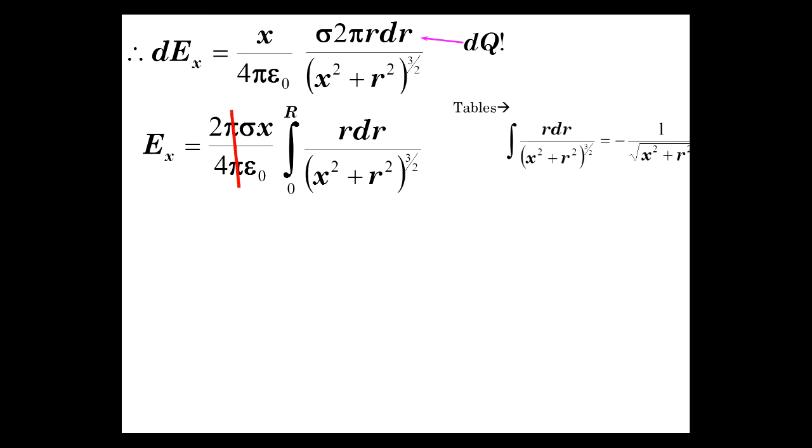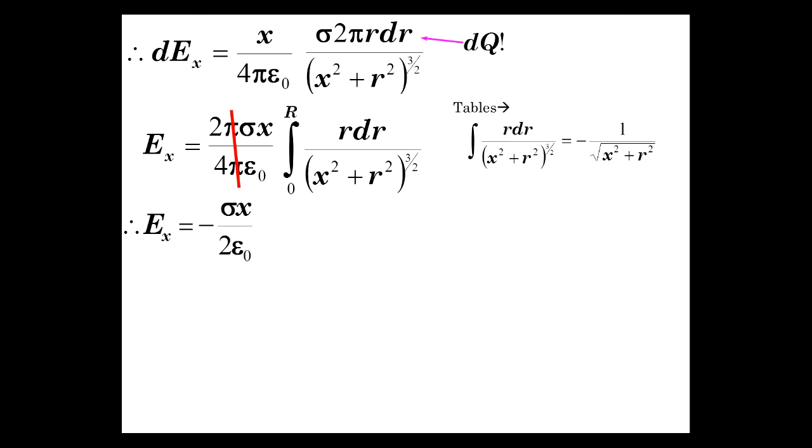From the tables, we see that this integral form takes on this result. So let's just go ahead and apply that. So E_x equals, there's the negative, bring that out. Here's the constants that are left, and 1 over square root of x squared plus r squared from 0 to R. So we're going to integrate all the way across the entire disk.